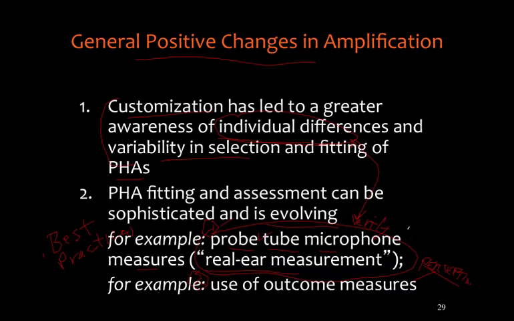When I got my first probe tube microphone measurement system to do real ear measurement, it provided me with a way to actually measure what was going on in the person's ear canal, so that I could have a valid and reliable measure of essentially what the basis of their complaint was or wasn't, and then adjust their hearing aids based on science, not based on any kind of artisanship. And that to me represented a significant advancement.